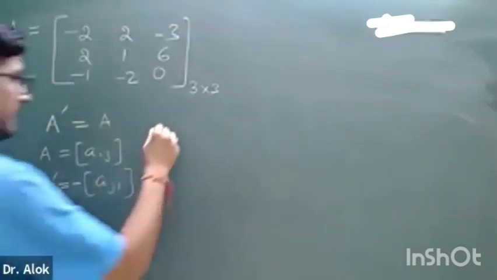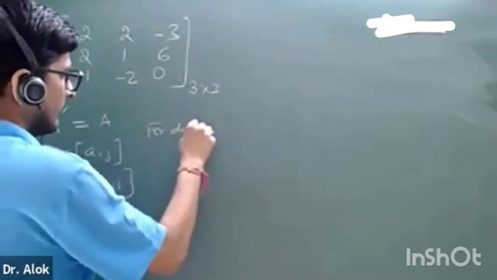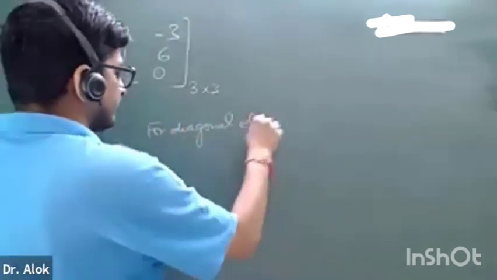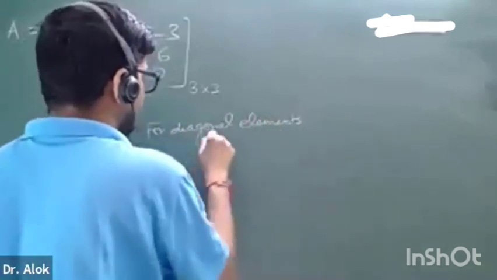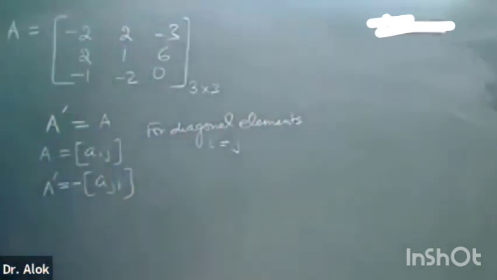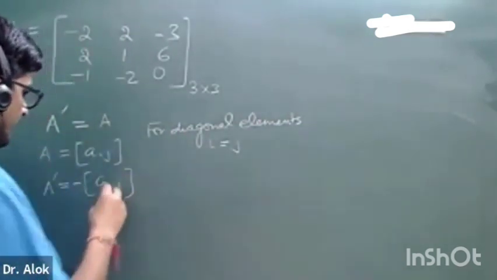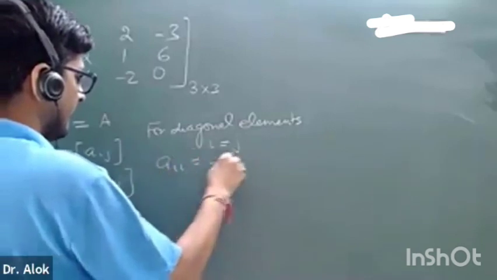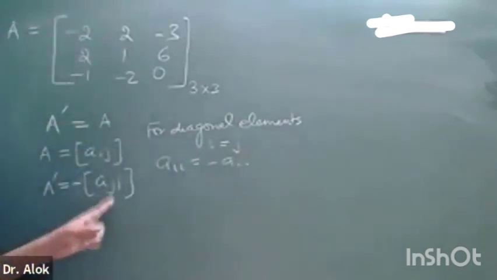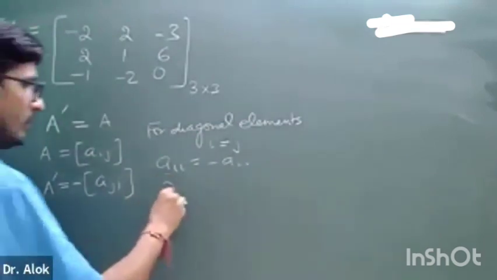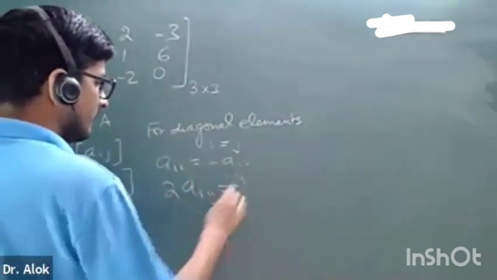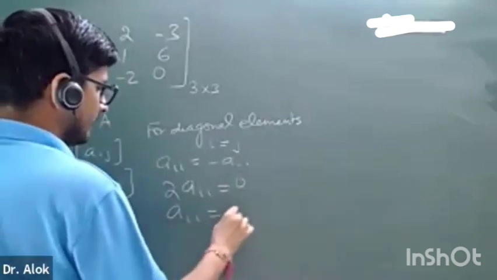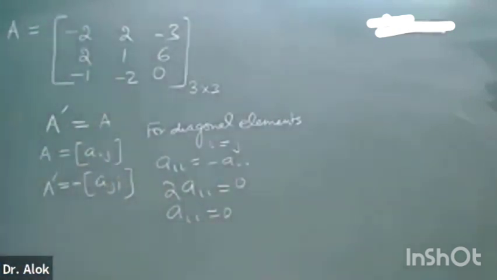And for diagonal elements, i is equal to j. So if A is equal to minus A dash, then Aii will become minus Aii, correct? So 2 times Aii will become 0. That means all diagonal elements will become 0. This is a very important property of a skew symmetric matrix.